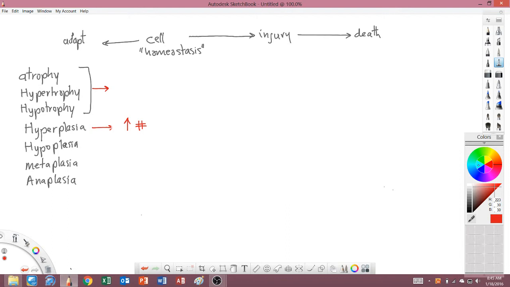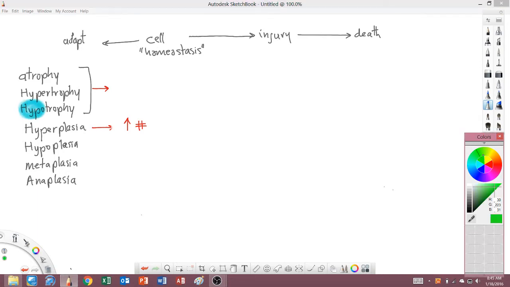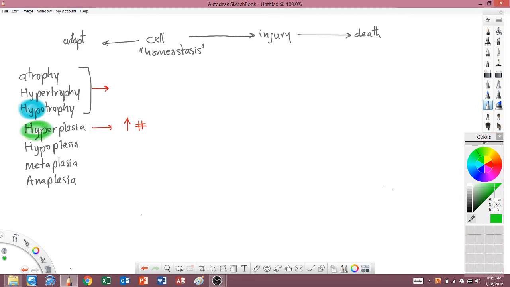Please understand, in medical terminology, when you use the term hypo, it means less than normal, which is physiologically not a good state. It can become pathological. Hyper means above the normal range. Hypo means less than the normal range. So these are not normal states.